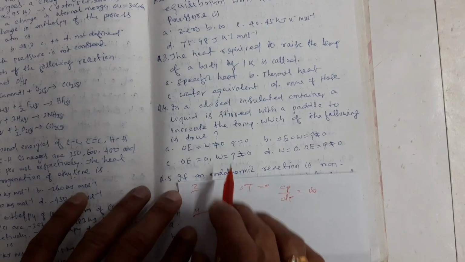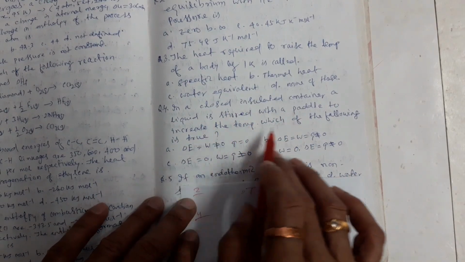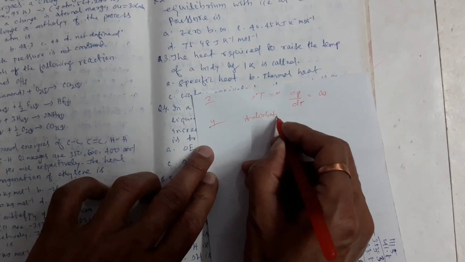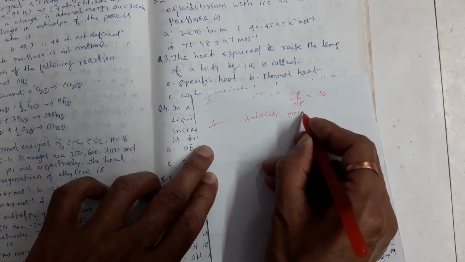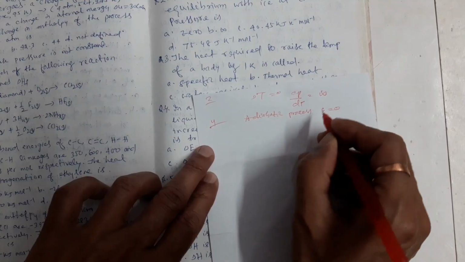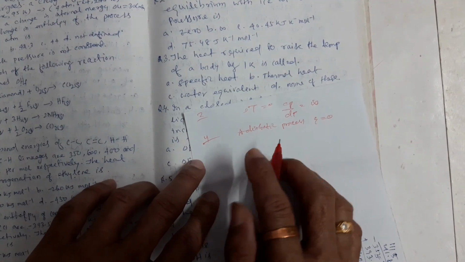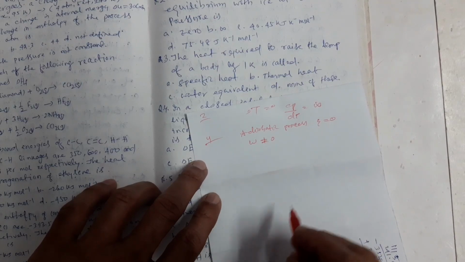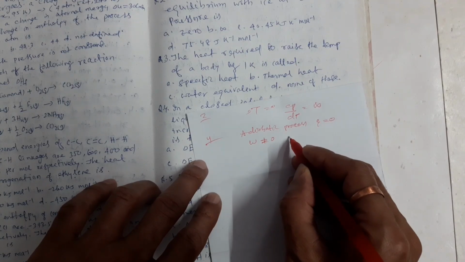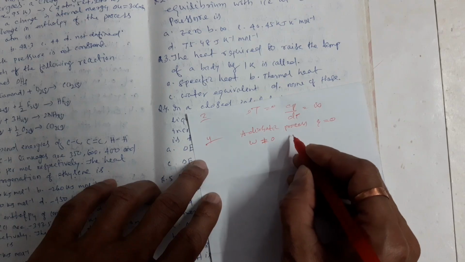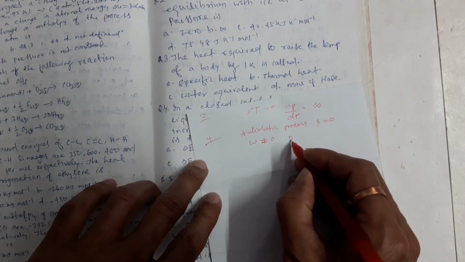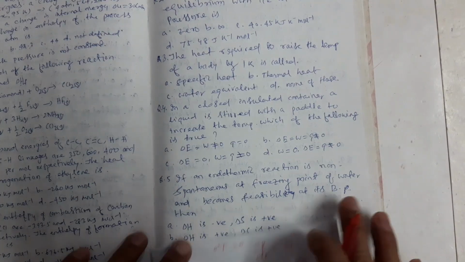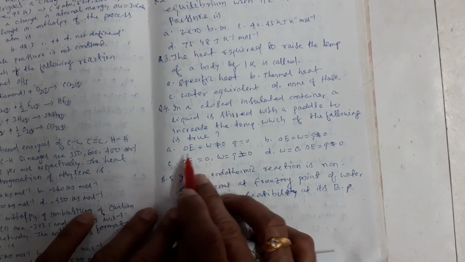It is an adiabatic process, so Q is 0. But work is not 0 because some work is done, and the internal energy also changes, it increases. Therefore ΔU is not equal to 0. So choice A is the correct answer.